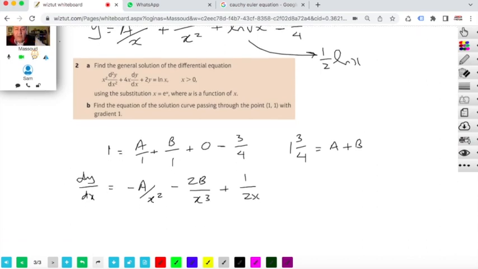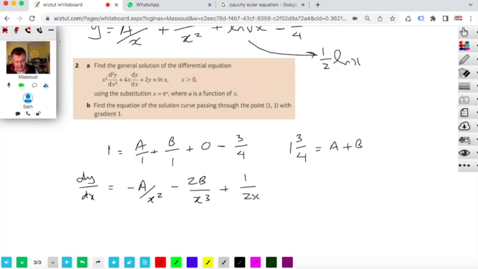So if we replace this, so 1 is equal to, and x is 1, so it'll be minus a minus 2b plus a half, and that will give me an equation.